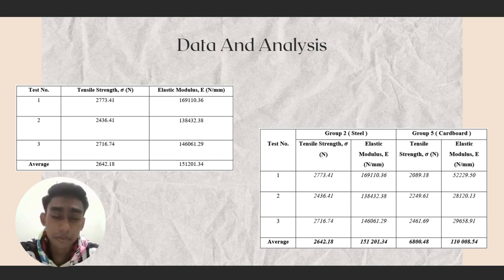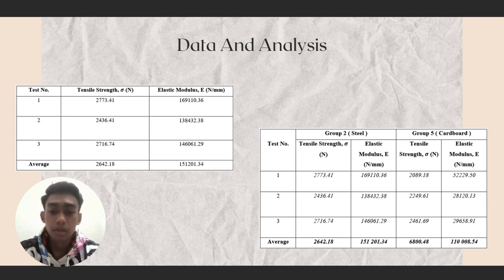Based on the data, our group still has a higher modulus of elasticity compared to the recycled plate of group 5. Yes, our group's recycled plate needed a lower tensile strength value of 2642.18 Newton.